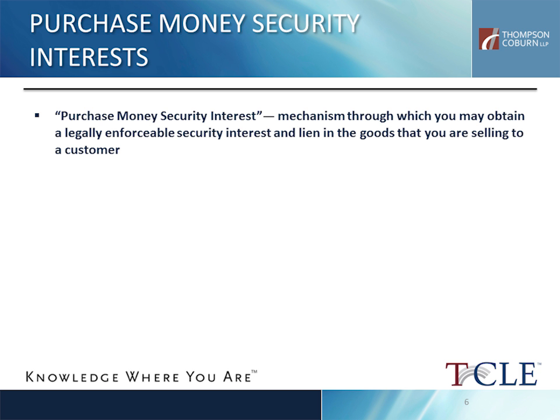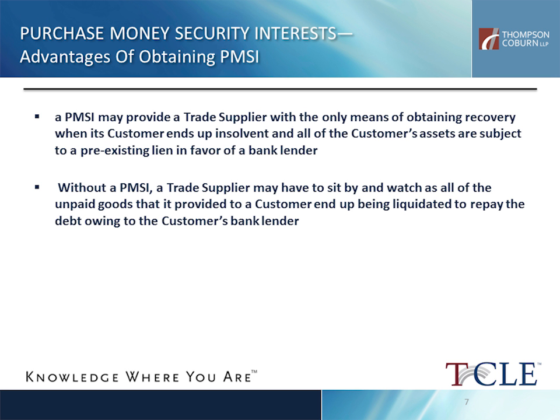And the importance and value of obtaining a purchase money security interest is in a situation in which your customer becomes insolvent, and if your customer has already pledged all of its assets to a bank lender, the purchase money security interest may be the only mechanism through which you can realize recovery.